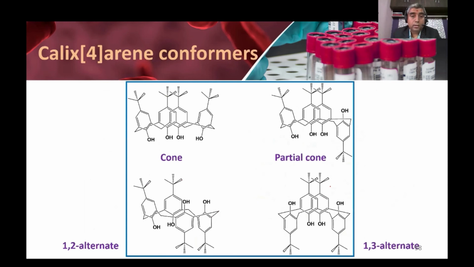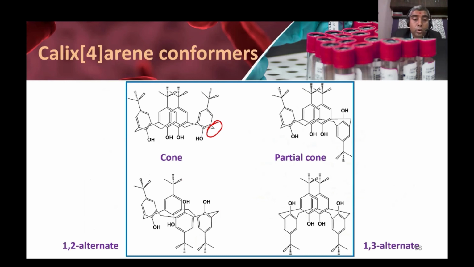Calixarene conformers. The rotation of the phenolic moiety about the bridging CH2 group is possible in calix[4]arene. So calix[4]arene shows four principal conformers.